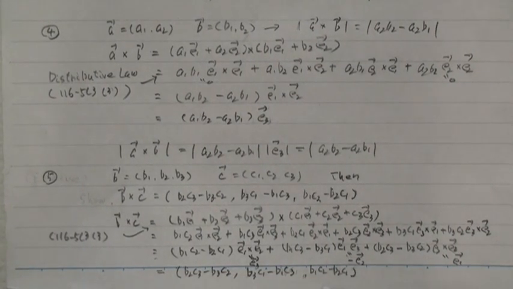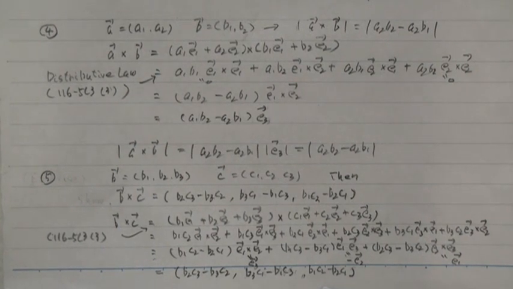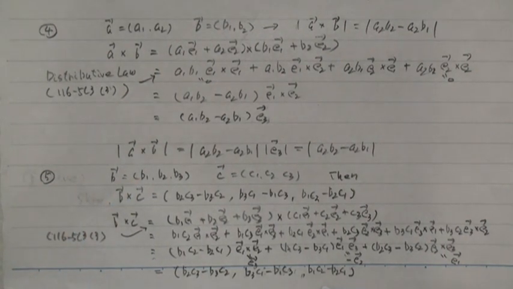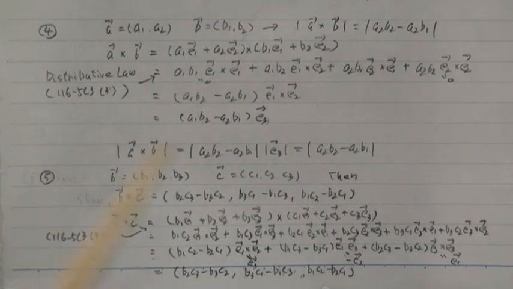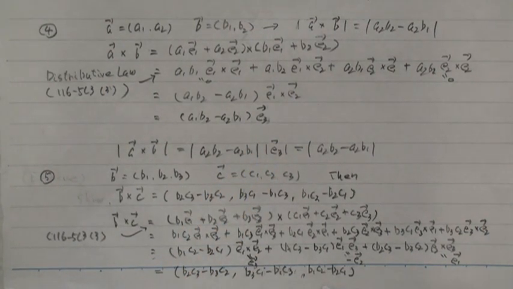Circle 5. Vector B has components B1, B2, B3, and vector C has components C1, C2, C3.